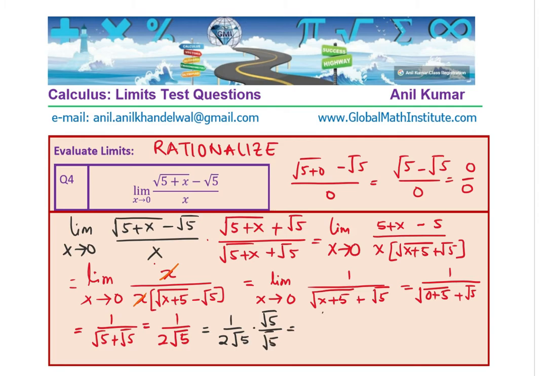Once you do that, as you know, you get square root 5 over 2 times square root 5 square, which is 25. You could have written directly. The idea was not to write the denominator with radical sign. So this is 5 times 2 is 10, correct? So basically, you do get this limit, and it is square root 5 over 10. You get the idea.